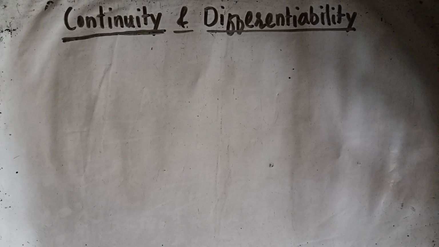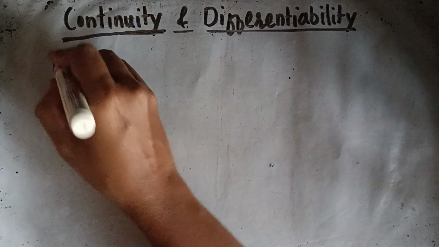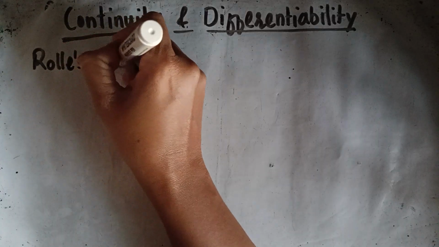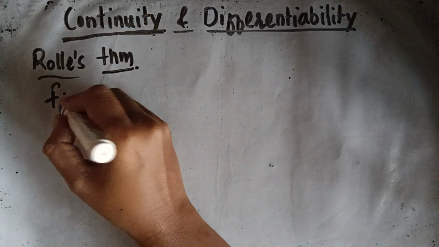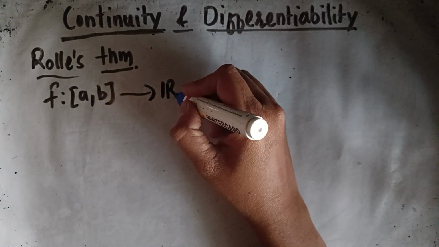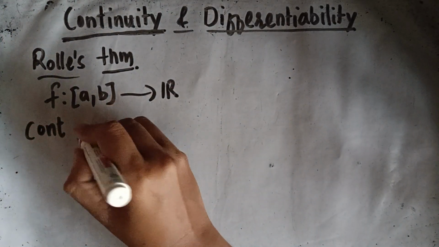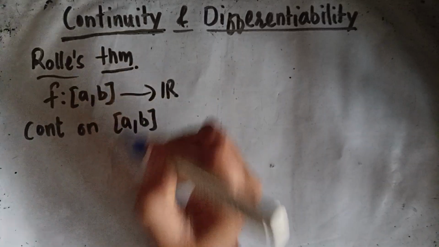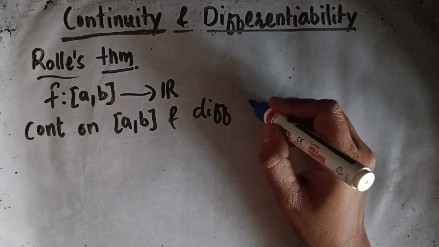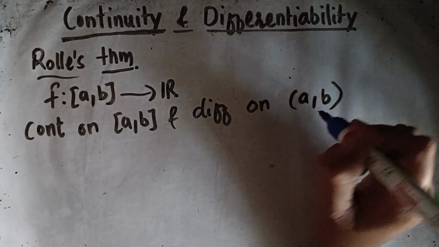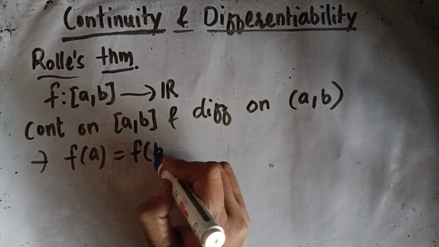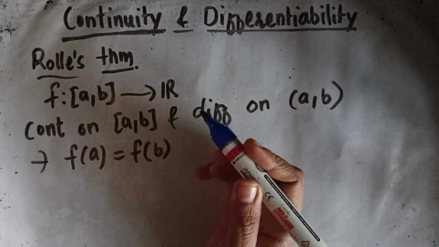Rolle's theorem says that, let f be a function defined from a closed interval [a, b] to R. It is continuous on the closed interval [a, b], and differentiable on the open interval (a, b), such that f(a) is equal to f(b), where a and b are some real numbers.